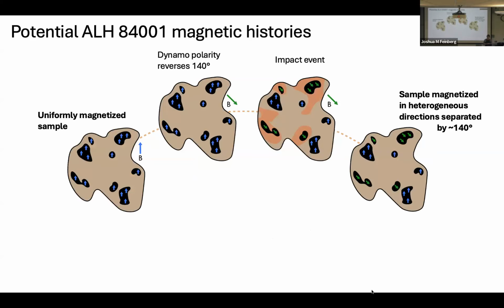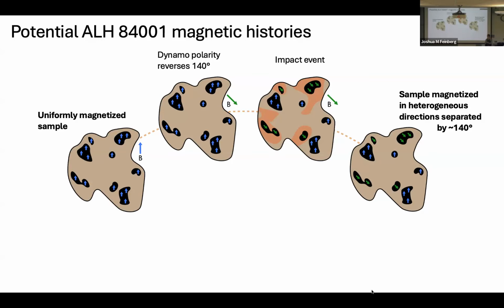And so this gives us 2 main ways that we can interpret the remnants that we see. Remember, those 2 clusters are separated by a very large angle, about 140 degrees. So one possibility is that between that initial heating event and the second impact, the dynamo reversed polarity. This has been proposed based on paleopole inversions on Mars, which of course are notoriously tricky, but not entirely implausible.